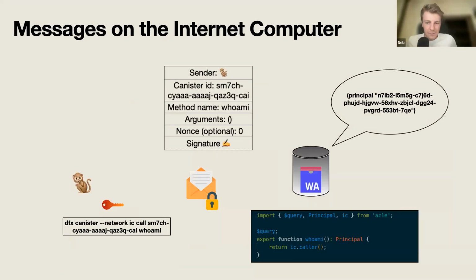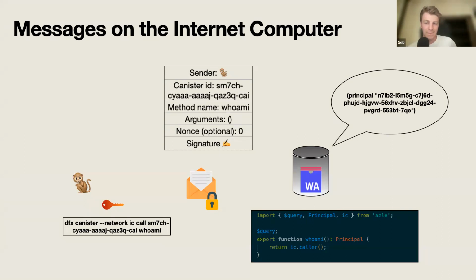So let's dive into it. When you send a message on the IC, the message looks a bit like this. So you have the public key of the sender. You have the canister ID that you're targeting, the function that you're targeting, some arguments if you are also adding arguments to the function, and there is a signature.